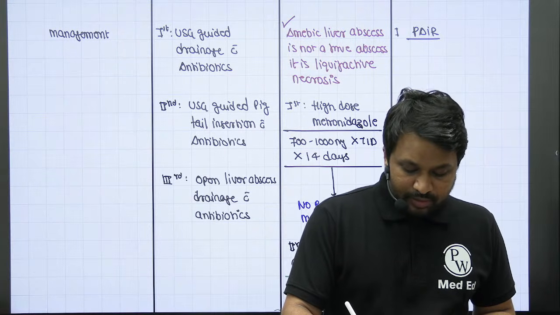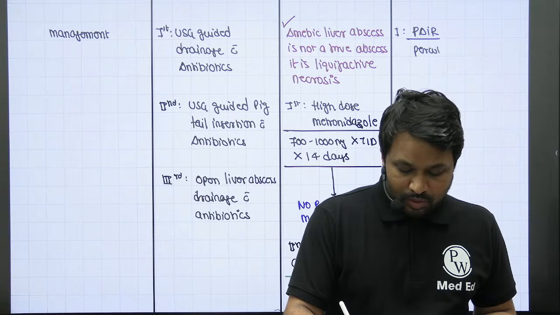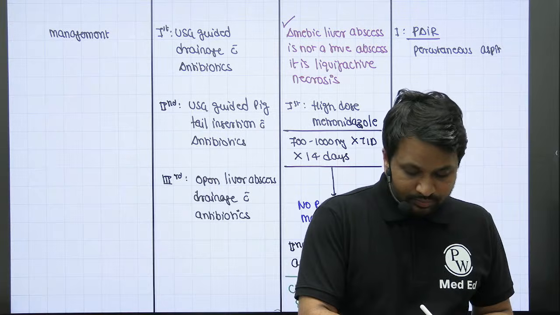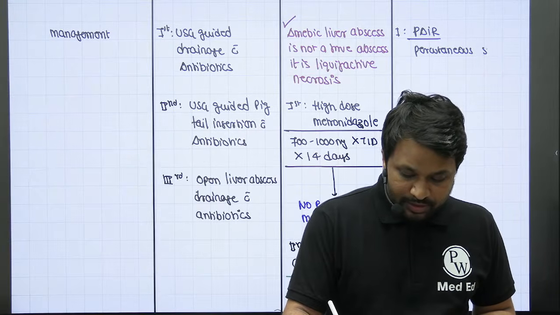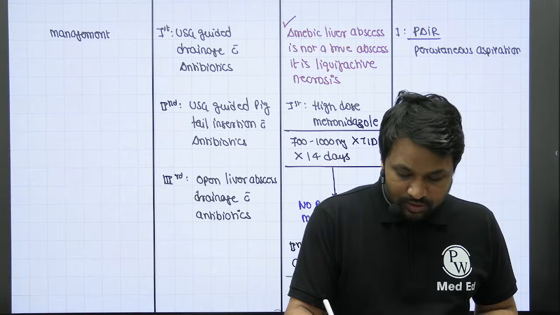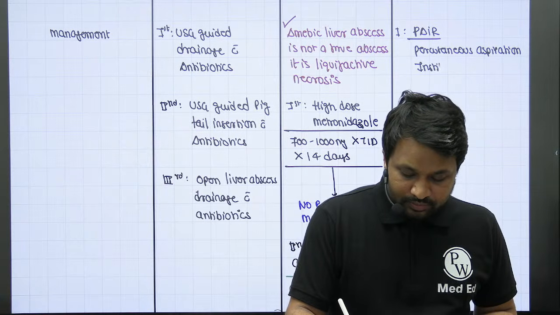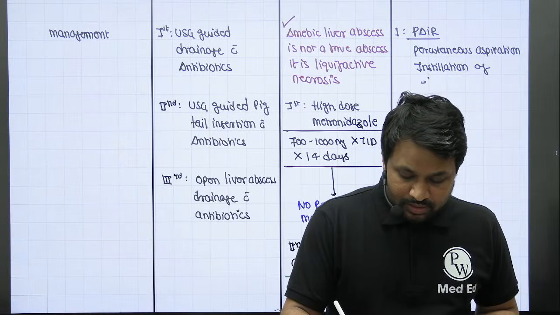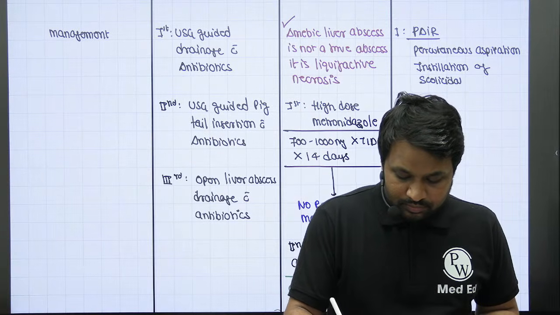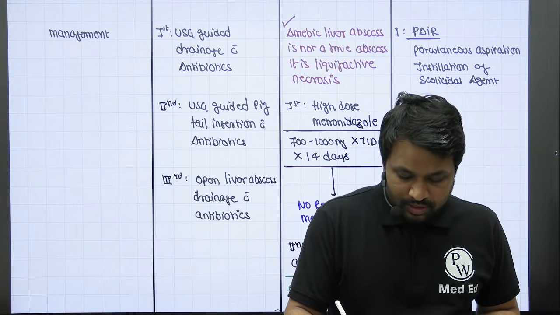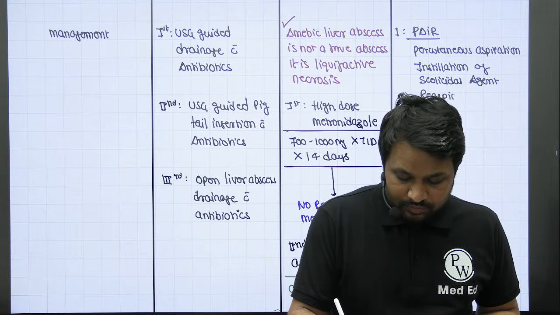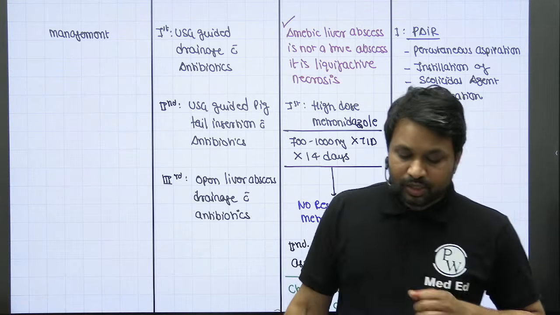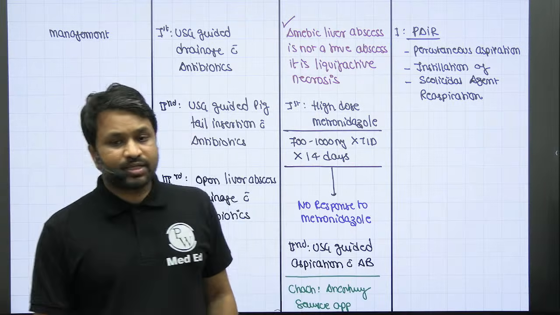So the first line is going to be PAIR, that is percutaneous aspiration, instillation of scolicidal agent, and re-aspiration.